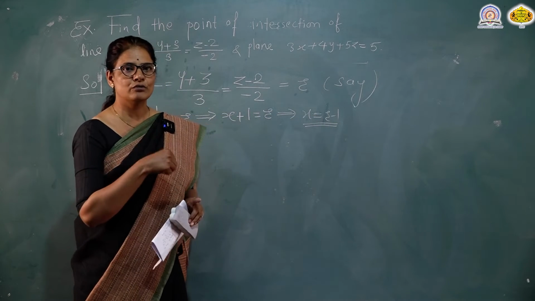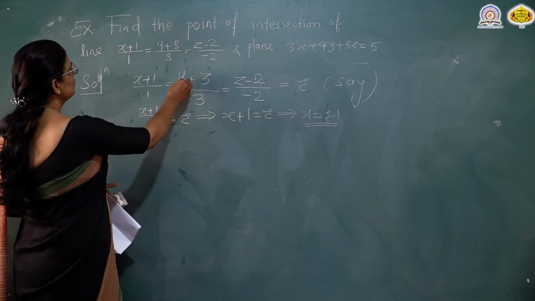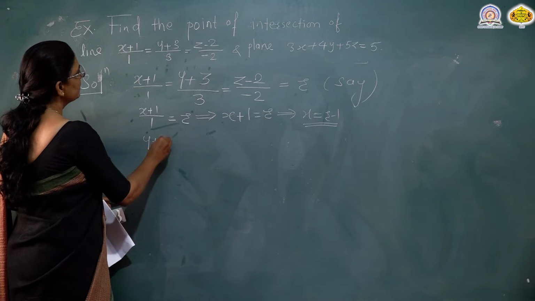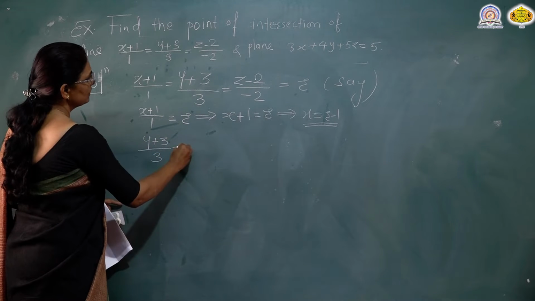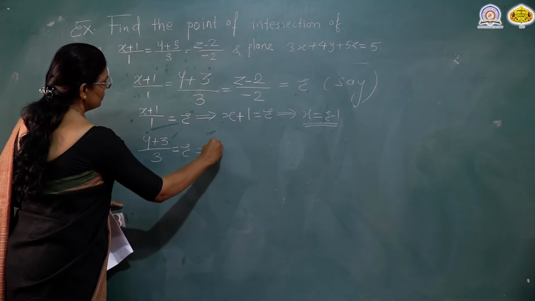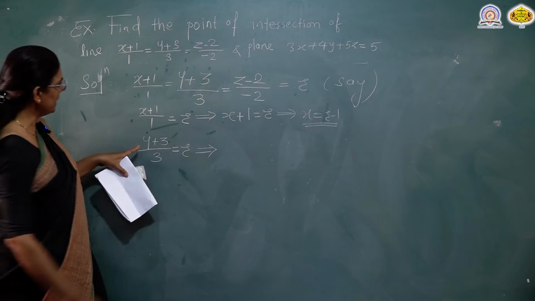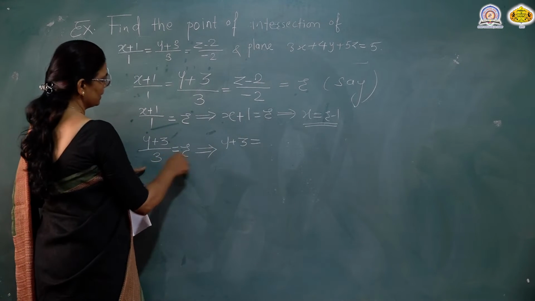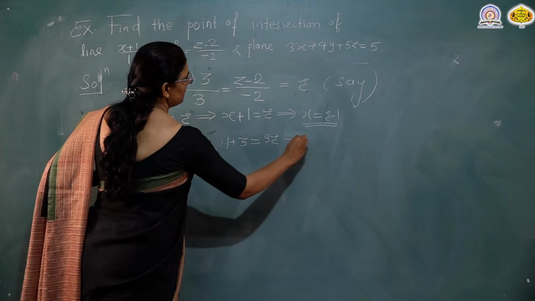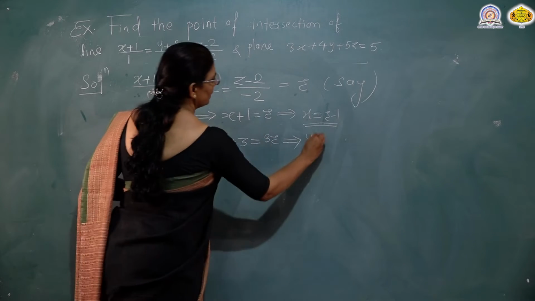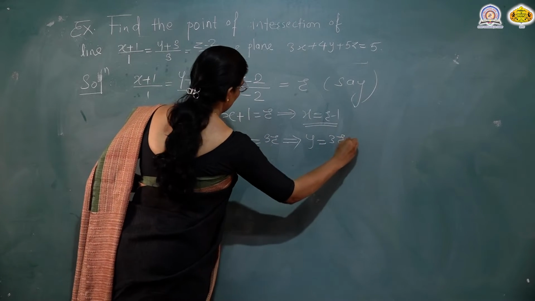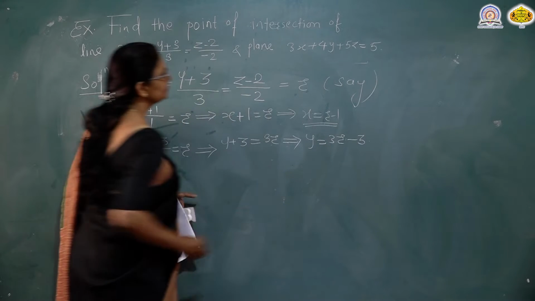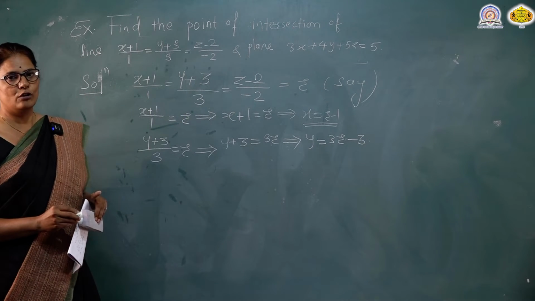Do the same procedure for the second ratio. So equate (y+3)/3 = r and solve this for y. So y+3 = 3r by cross multiplication, which is the same as y = 3r - 3. This is the value of y.